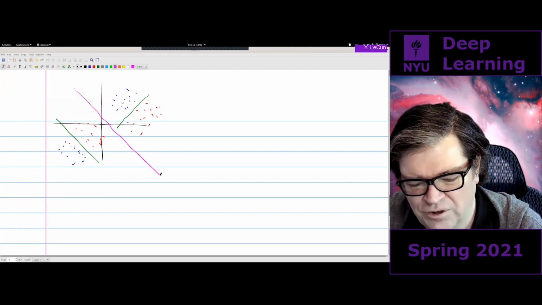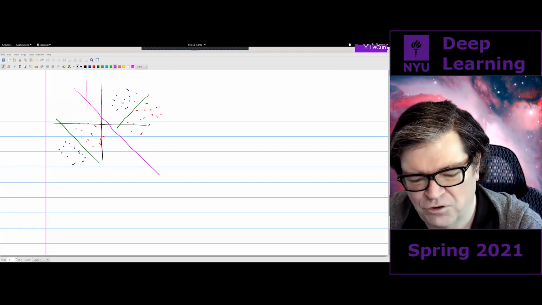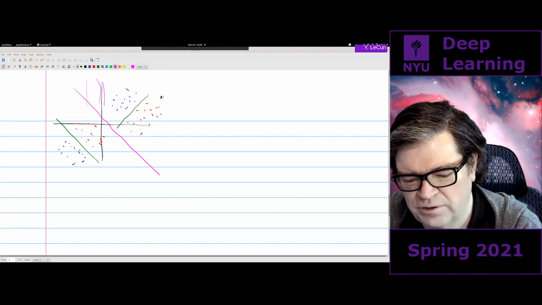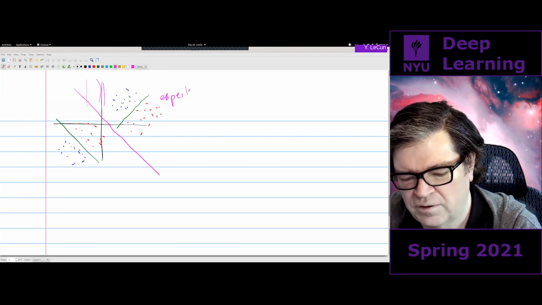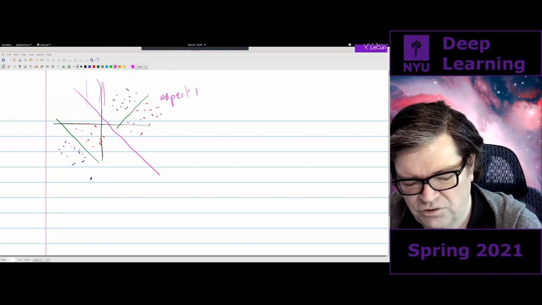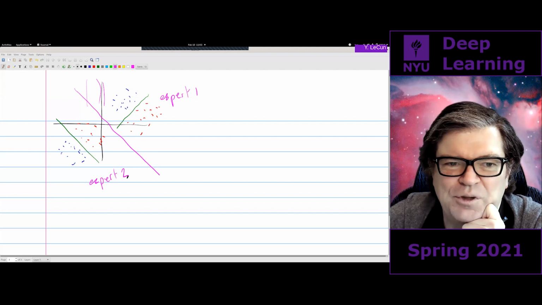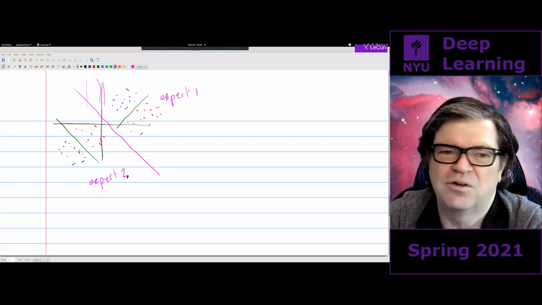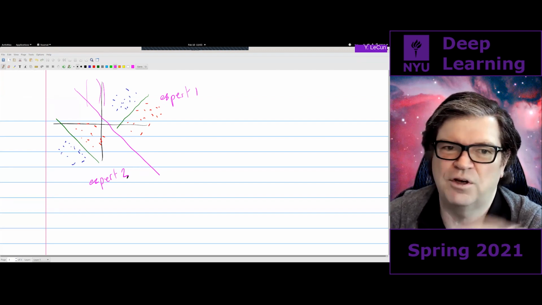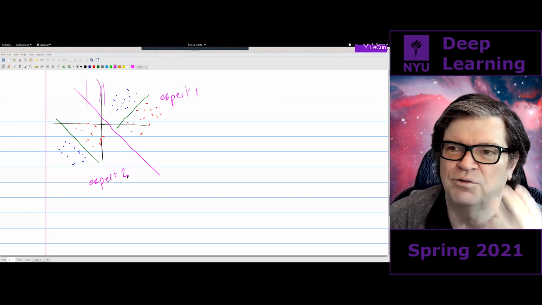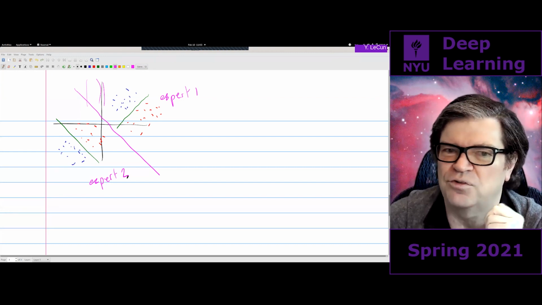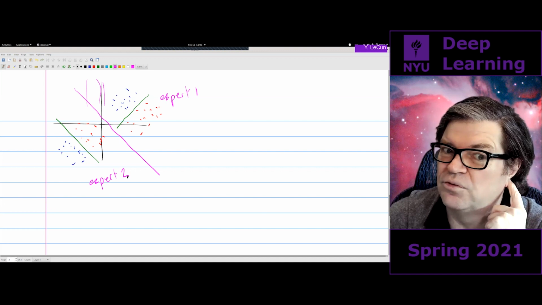So that's going to be another linear classifier. In this part of the space it's going to tell us use expert 1, and in that part of the space it's going to say use expert 2. So very simply here, with a mixture of experts, you can do nonlinear classification with 3 linear classifiers in parallel, one of which decides which of the experts is the proper one to use.